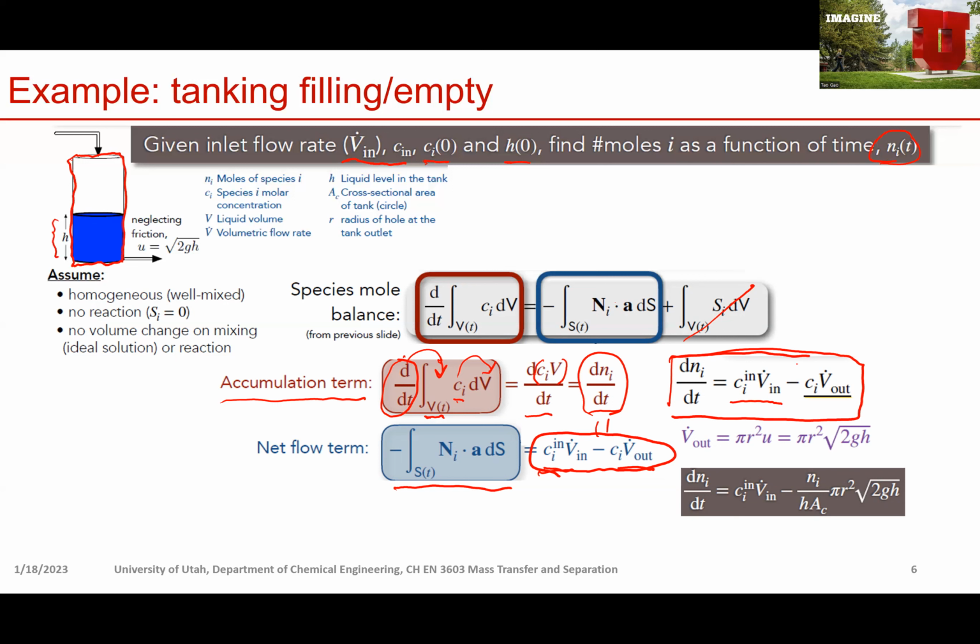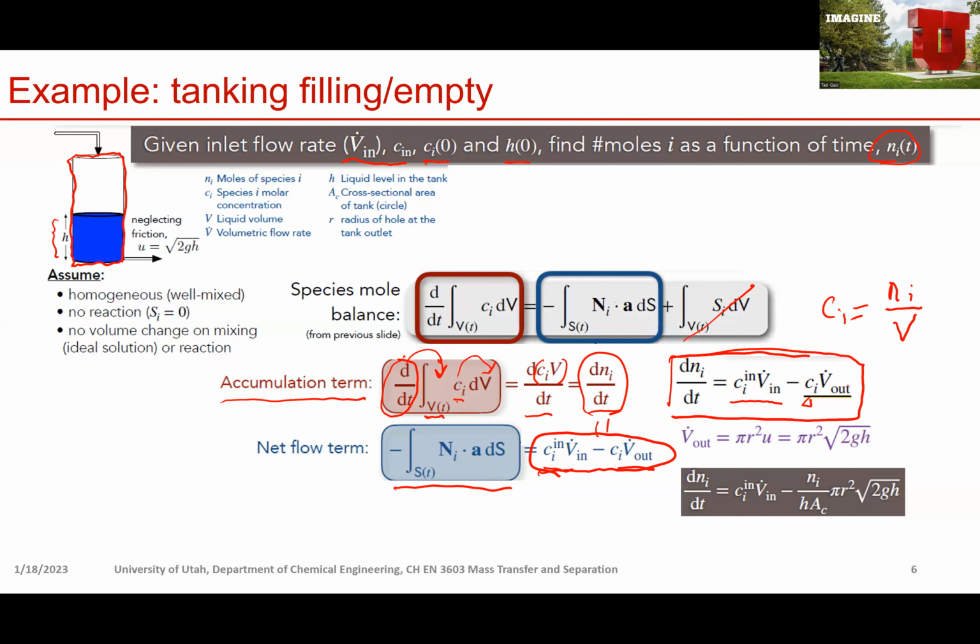Ci in and V dot in are already given in this problem. And this Ci is the concentration in the liquid mixture, which is unknown, but it can be converted to Ni, because Ci is basically Ni divided by V.